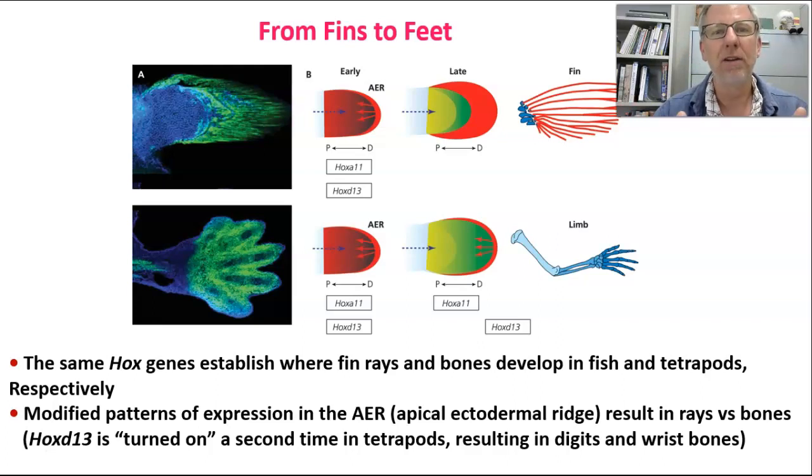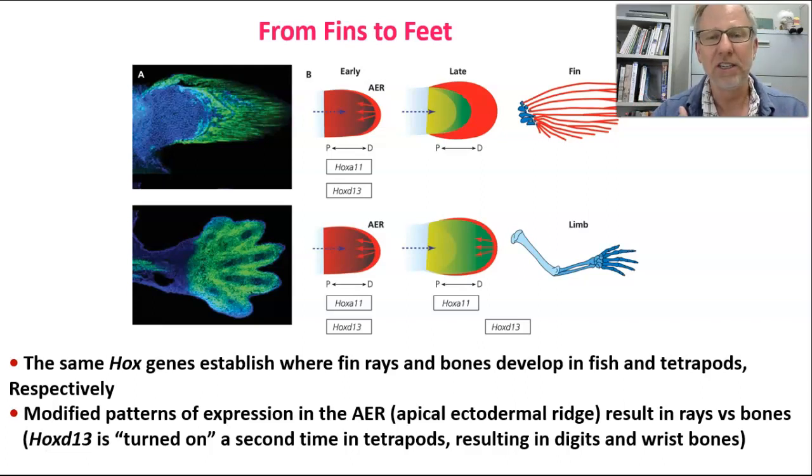In both fish and tetrapods, they begin embryonically expressing both Hox A11 and Hox D13 genes, so homologous genes. And bones begin to develop near the body, like the humerus, or the bones that are in the fins of fish near the body, those begin to develop.